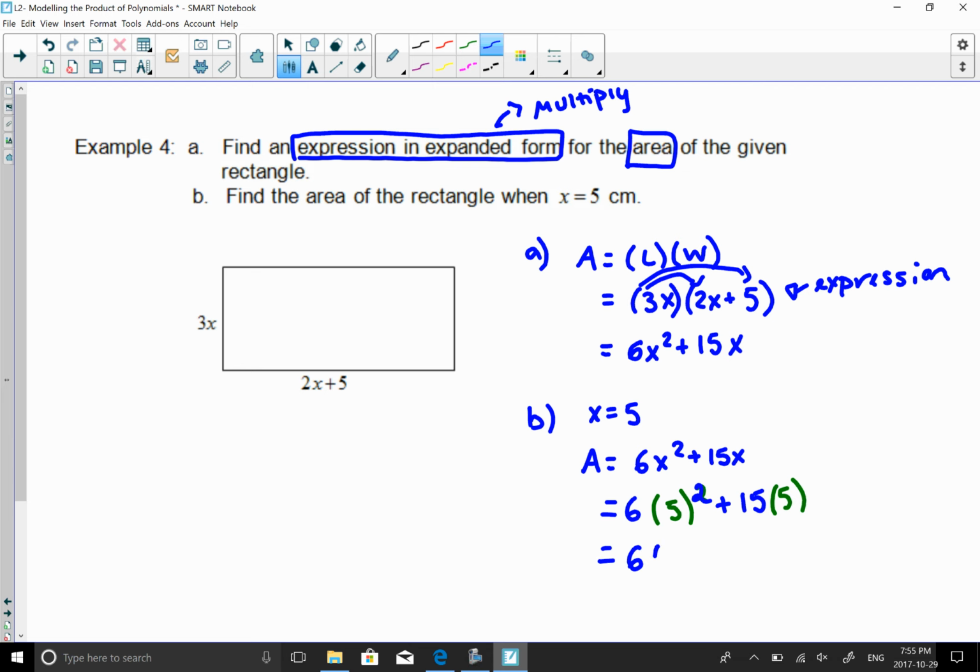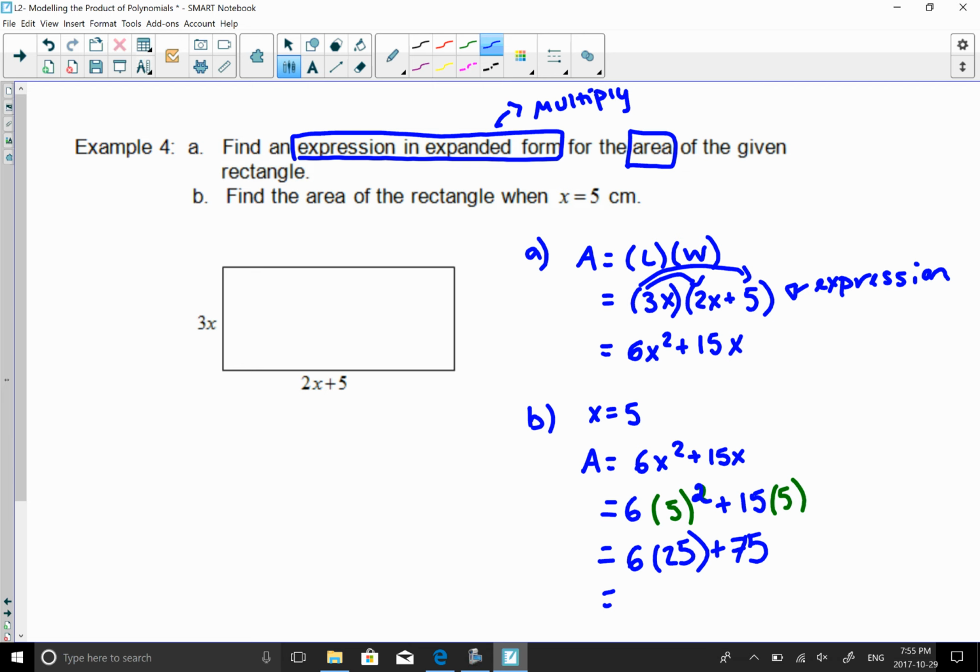5 squared is 25. And then 15 times 5 is 75. 6 times 25 is 150.